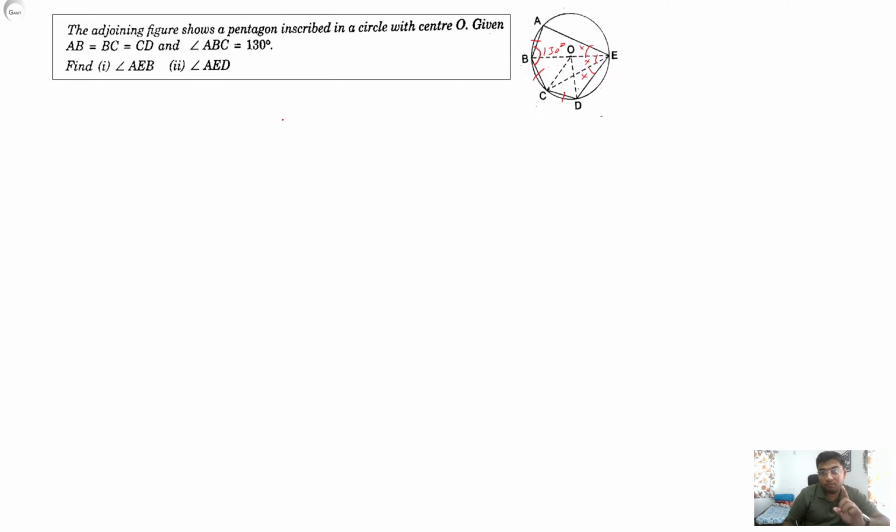Now, one very important thing in this question is the use of cyclic quadrilateral. So if you see, ABCE is a cyclic quadrilateral. A, B, C, E. All four vertices on the circumference. So it's a cyclic quadrilateral. Now, when we have a 130-degree angle at B, shouldn't angle E be 50 degrees? The opposite angles of a cyclic quadrilateral add up to 180 degrees.